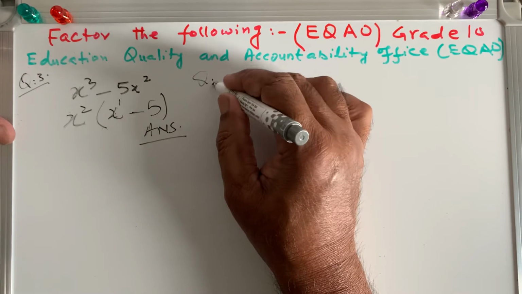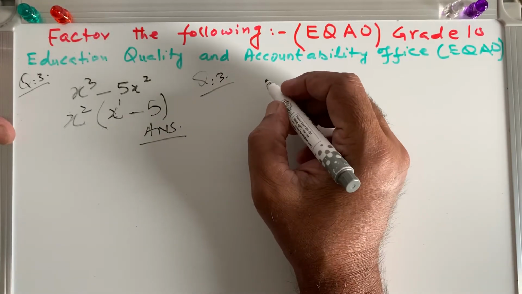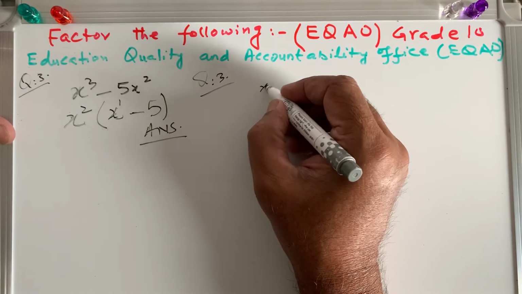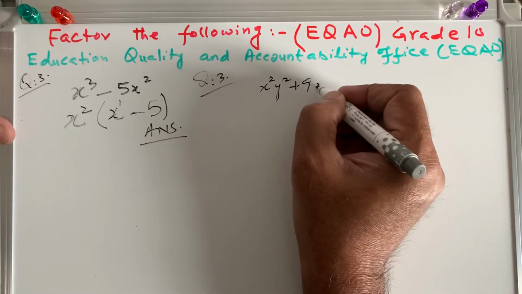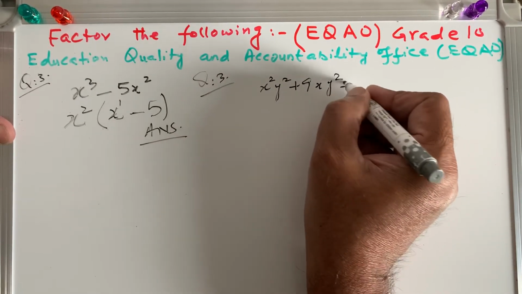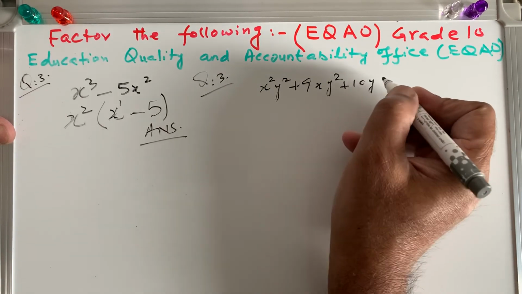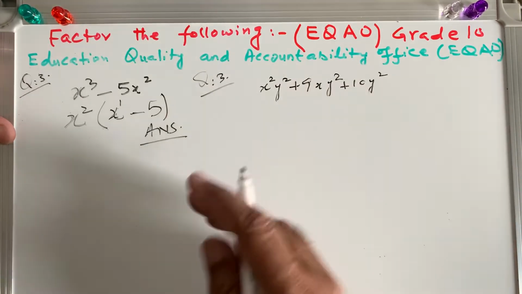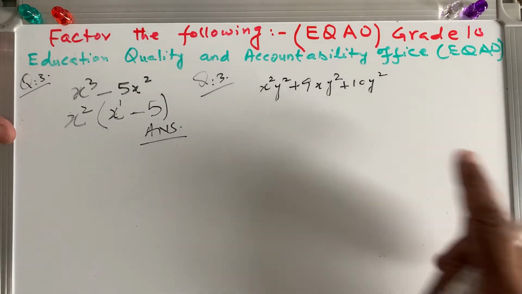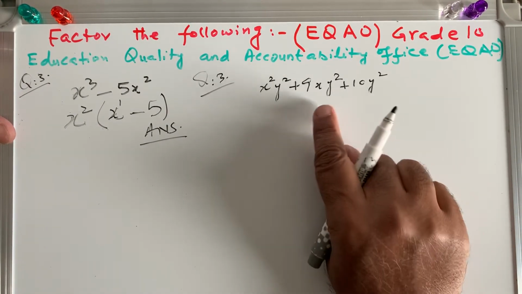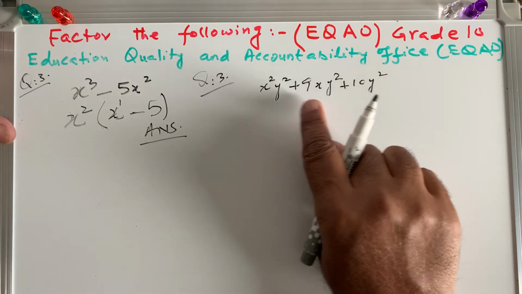So the next question given in this EQA test is x square y square plus 9xy square plus 10y square. Again, we have to see what is common between these. We can see that y square is here, y square is here, and y square is here.